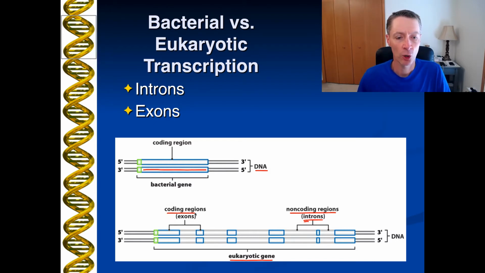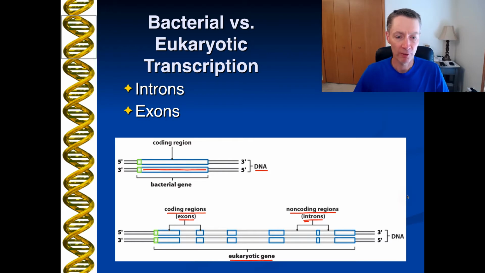Versus coding regions that we call exons. These exons are going to be coding for actual parts of that protein. So big difference between the two: we see introns, extraneous non-coding regions, in the eukaryotic DNA, and we find none of that in bacterial DNA, only coding regions.